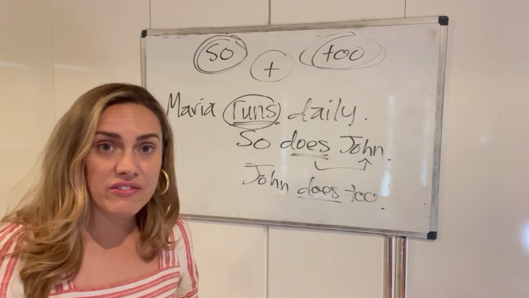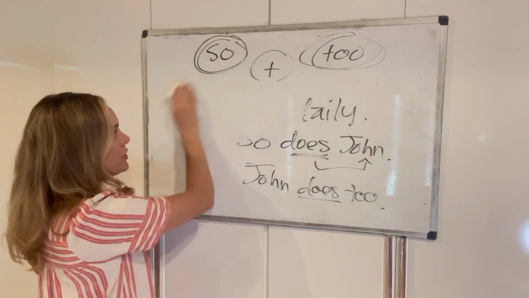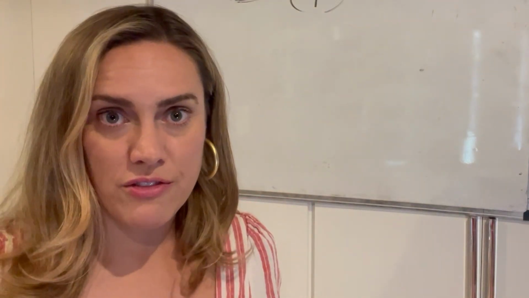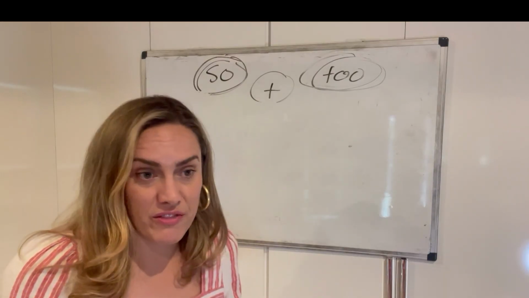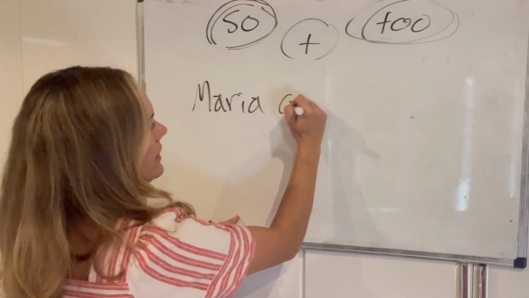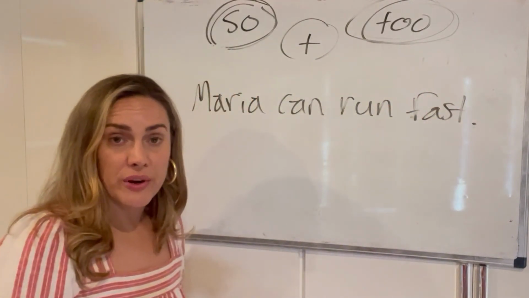Okay, great. Now we've looked at an example of a be verb. We've looked at an example of a verb that is not a be verb or a helping verb. Let's look at an example of one with a helping verb already. So, Maria can run fast.